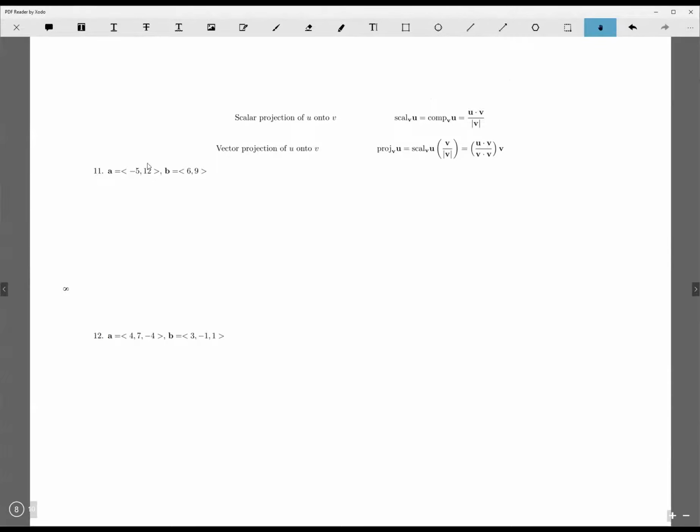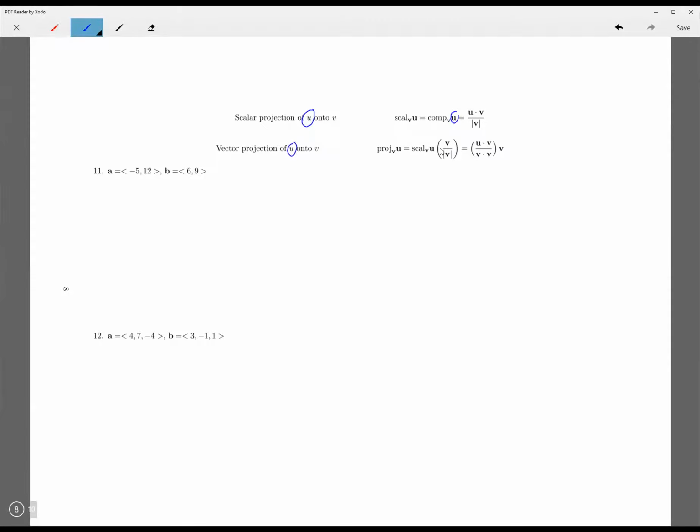Okay, number 11. So this one uses the next formulas, which are the scalar projection of u onto v. So note that the order of this is important. Okay, so projecting one vector onto another, u is the vector that gets projected onto the other one.